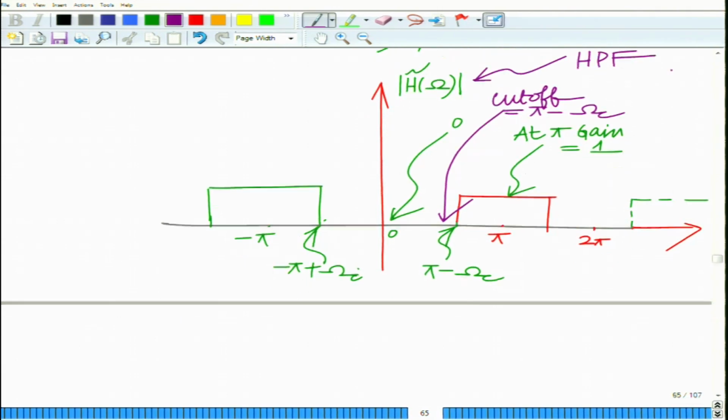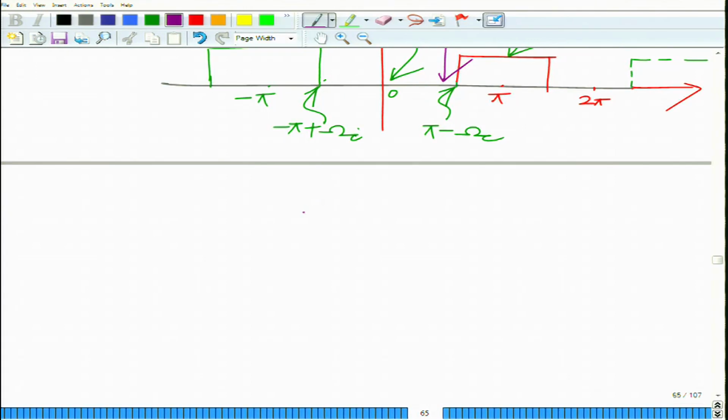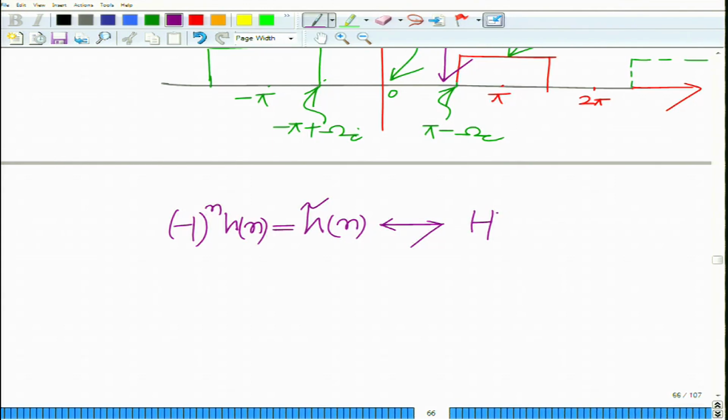So, h tilde of n, you can see, we will have the DTFT. We have minus 1 to the power n times h of n equals h tilde of n, whose DTFT is h tilde of omega, which is h of omega minus pi.